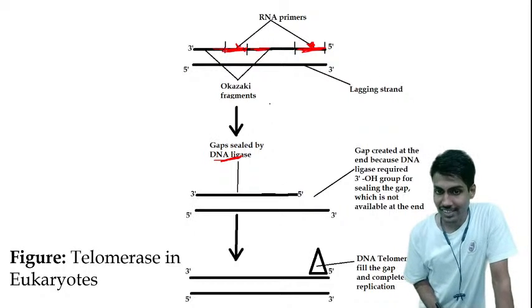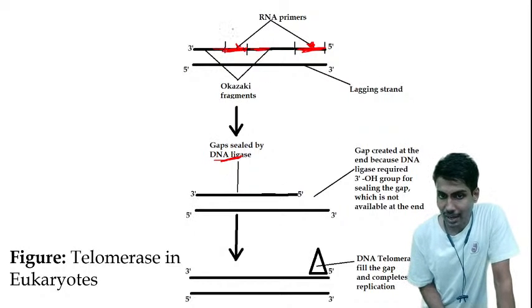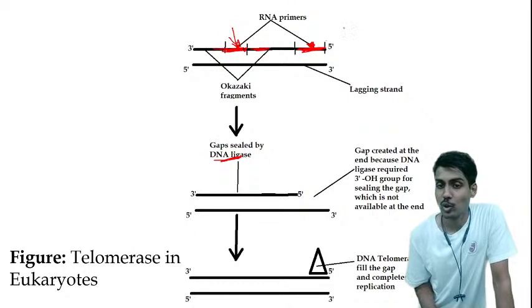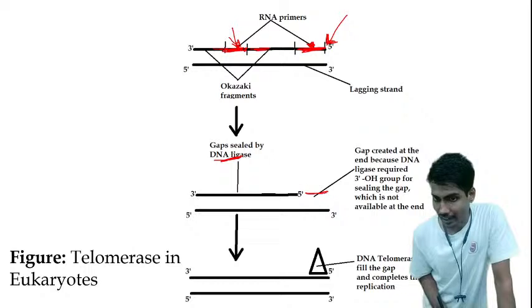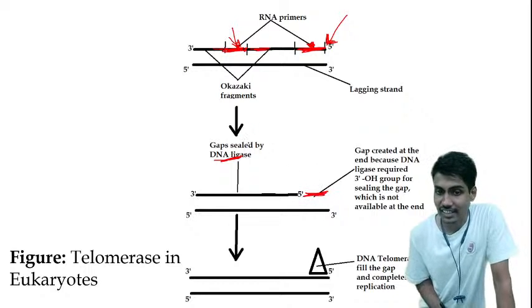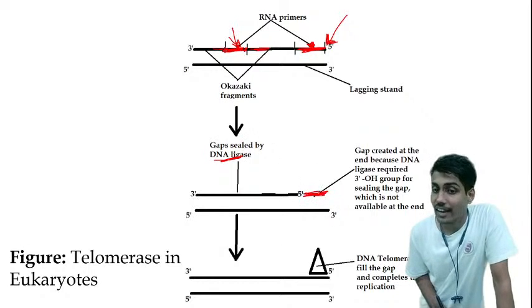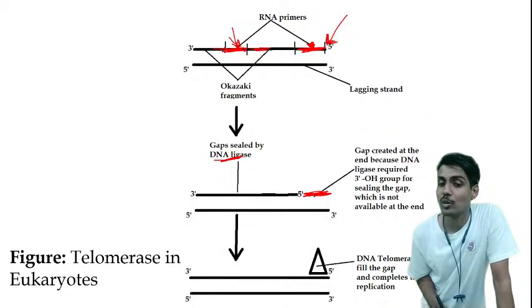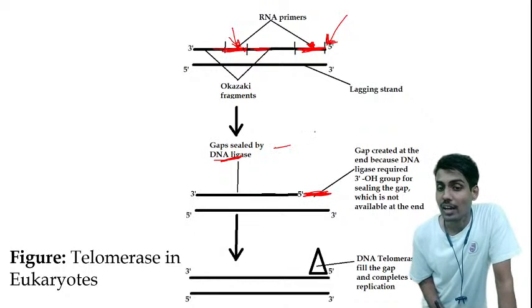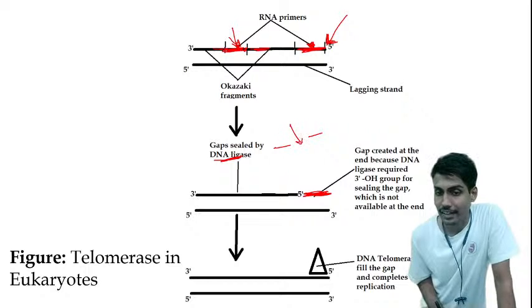But the DNA ligase can only fill the gap at this point, not at this end, so that is a vacant position. And why can the DNA ligase not fill the gap at the terminal part of the DNA? Because it requires two adjacent Okazaki fragments to get attached.